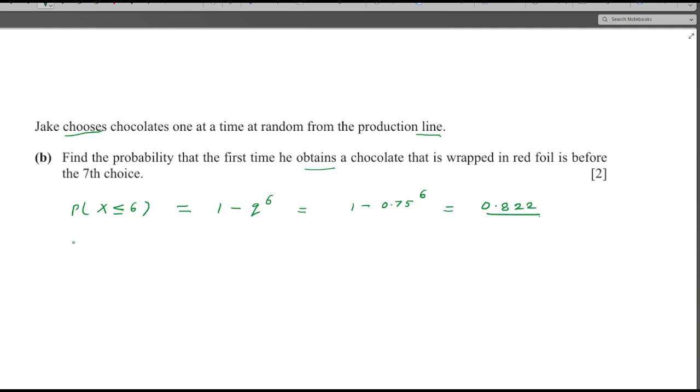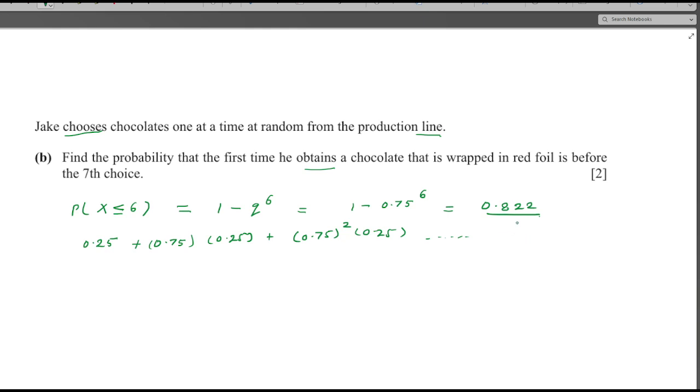Okay, now this can also be solved as follows. If I get the first chocolate wrapped in red foil, the probability is 0.25. If I get it on the second, it is 0.75 times 0.25, or if I get it on the third, it is 0.75 square times 0.25, and so on.